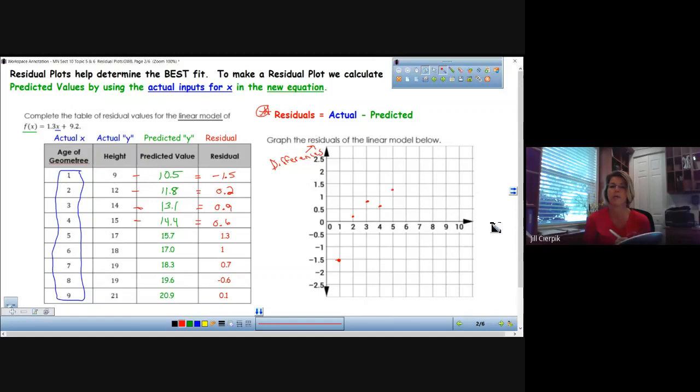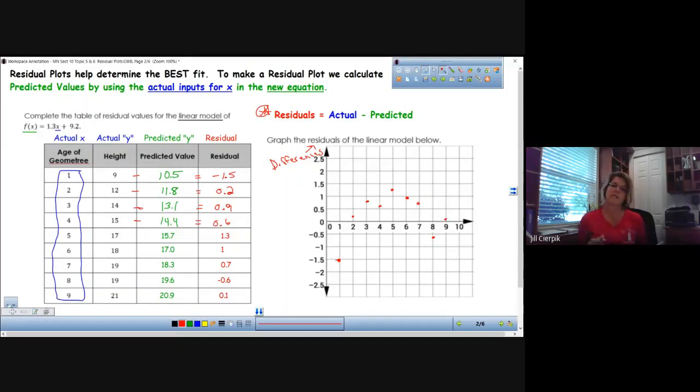So maybe up about here. 6 years is 1, right there. 7 years is 0.7. 8 years is negative 0.6. So that's going to be right about here. And 9 years is 0.1, very tiny right here.